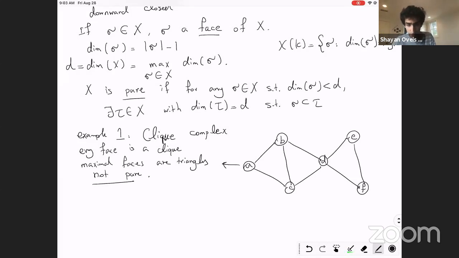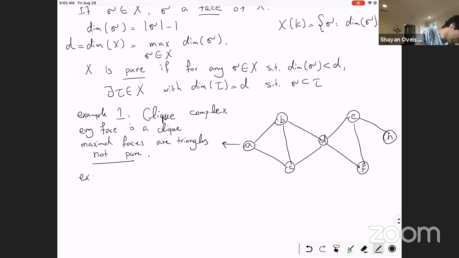Oh, sorry, this one in particular is pure, but in general, if I add this extra edge, if I add H, let's say, then it's not pure anymore, because if you look at the edge EH, it's not in any maximal face. So after adding this extra edge, it's not pure. The previous one was pure.